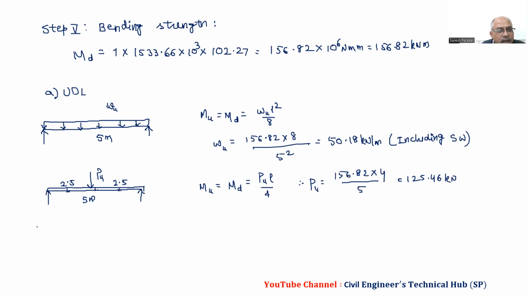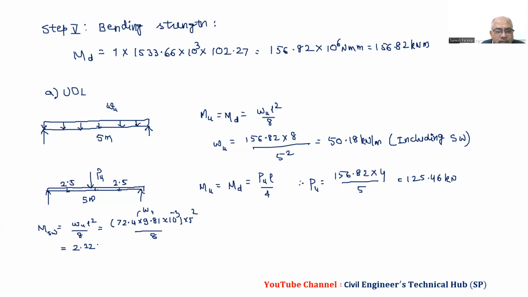Then M due to self weight is equal to WUL square by 8. W we have 72.4 kg per meter, converted into kilonewton per meter, into 5 square upon 8. Sorry, this is the formula WL, this is WU.